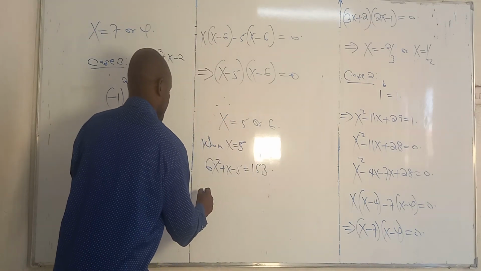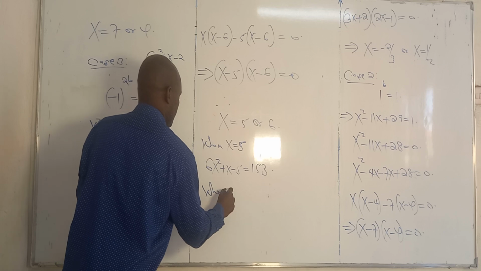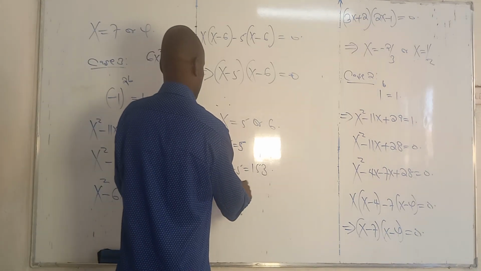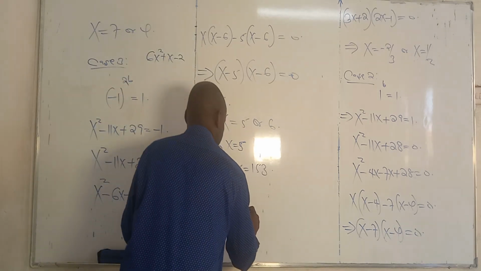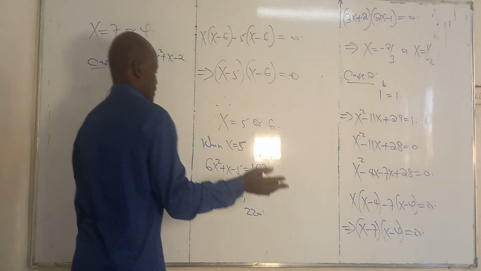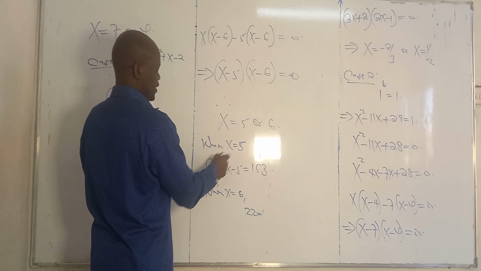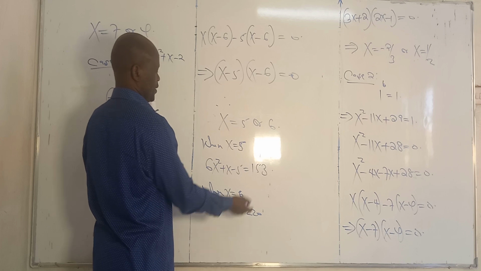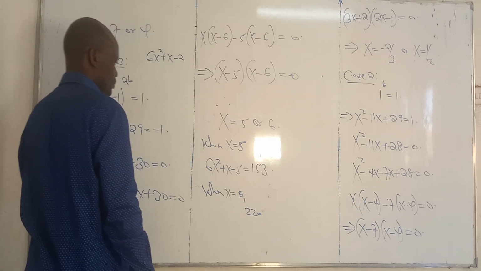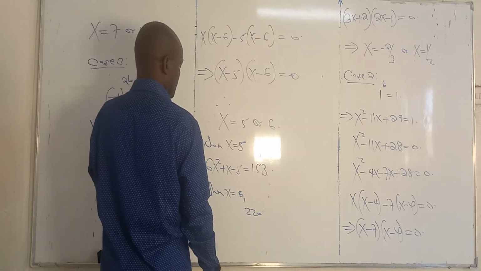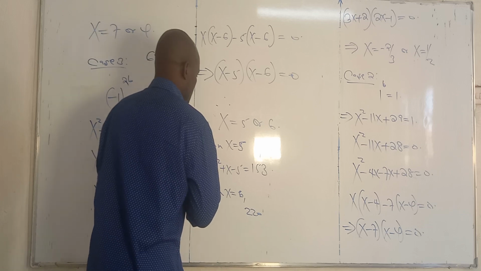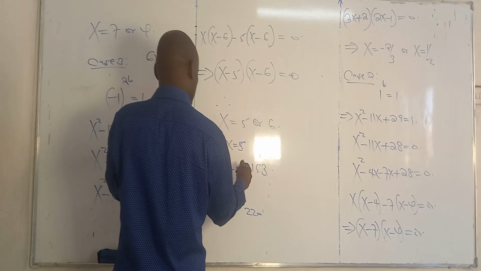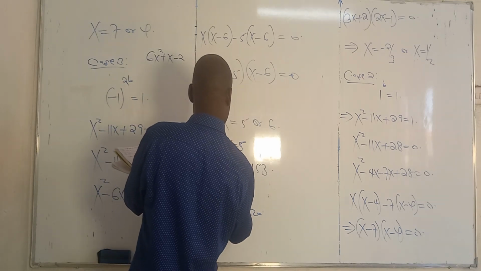And when x is 6, the whole of this gives us 220. That you simply get by, when x is 5, you square, that's 25 times 6 plus 5 minus 2.